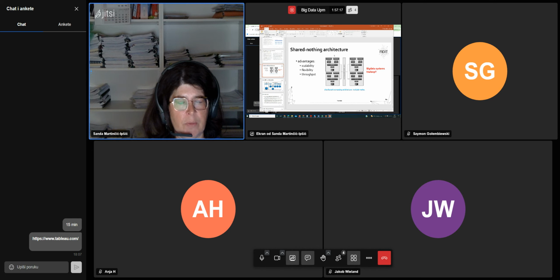And every block that you see is a standard server that you can go to the first shop in Koper and buy one. You just need to put, okay, it's not easy. You need to put some software on it and you need to have money to buy a lot of them. And if you can connect a lot of servers that you can buy in the local store in Koper, you will be able to process this big data.